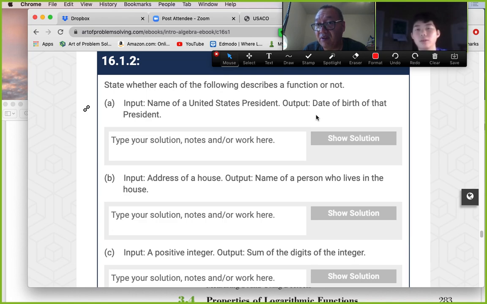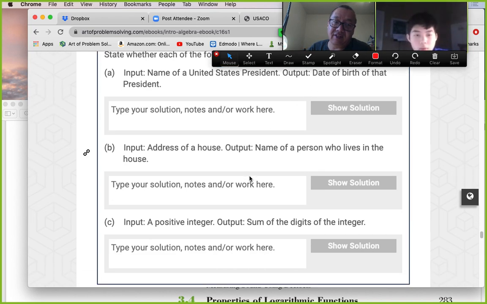But the key point is all these presidents are different people. Each president can only have one birthday. If we have more than one birthday, that will be not a function. But different presidents having the same birthday, that's fine.